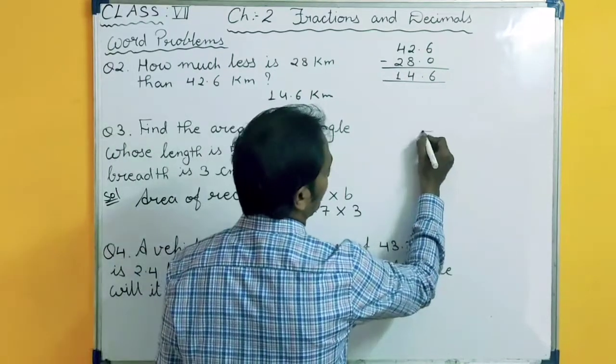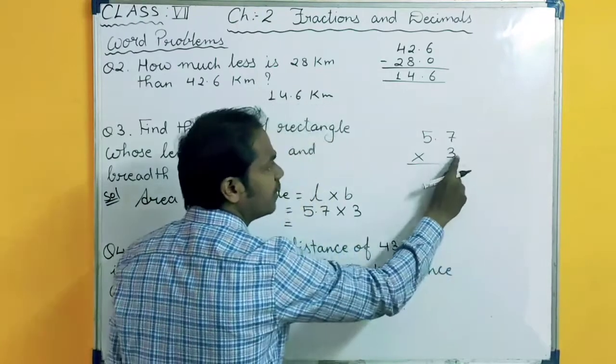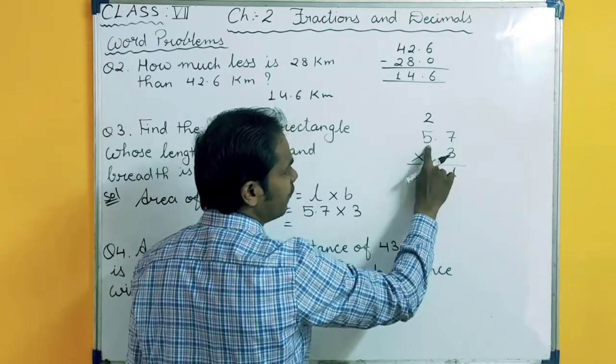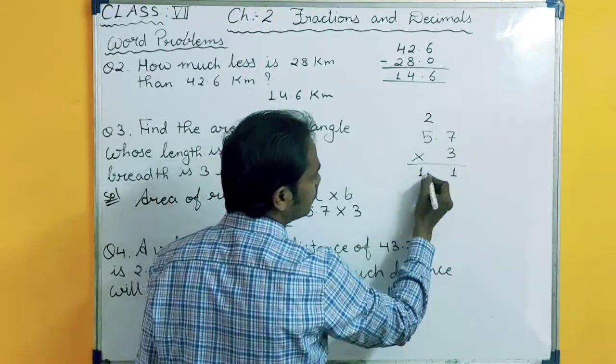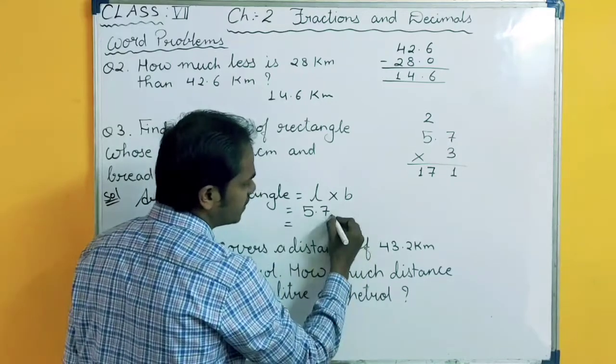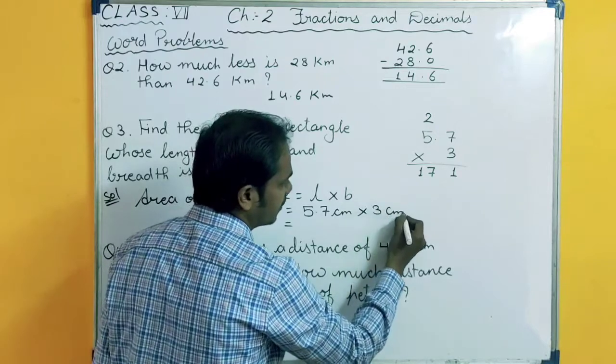Okay. So here we will multiply and check. 5.7 multiplied by 3. 3 sevens are 21. Carry 2. 3 fives are 15. 15 plus 2, 17. Okay. Always remember one thing. This is 5.7 centimeter and this is 3 centimeter.